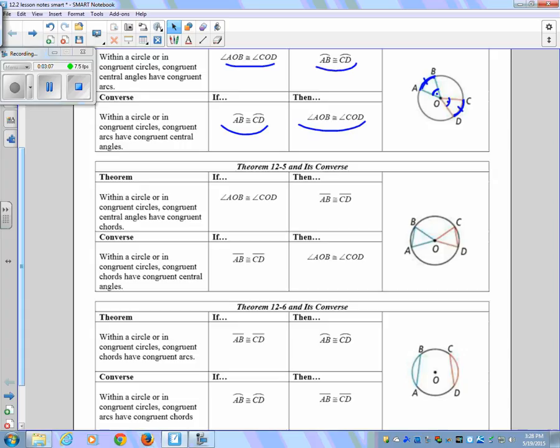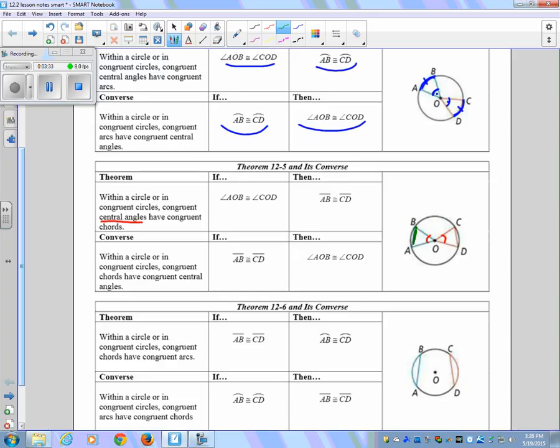The second set of theorems is also a theorem with its converse. It says within a circle or in congruent circles, congruent central angles, so again we're talking about two central angles that are congruent, have congruent chords this time. So not the arc that's related to this central angle, but the chord.